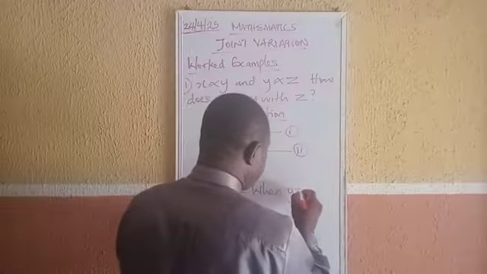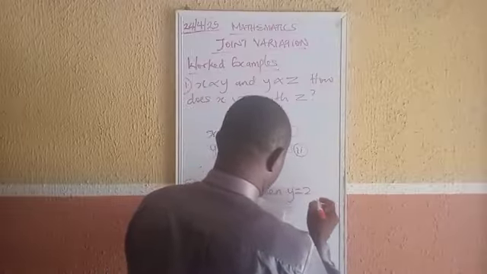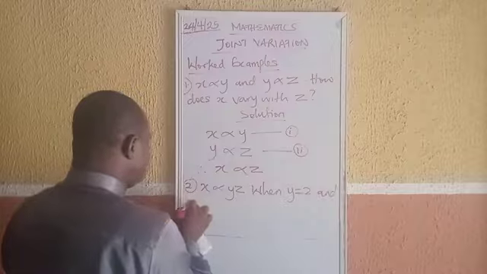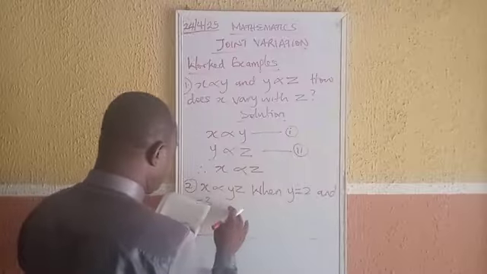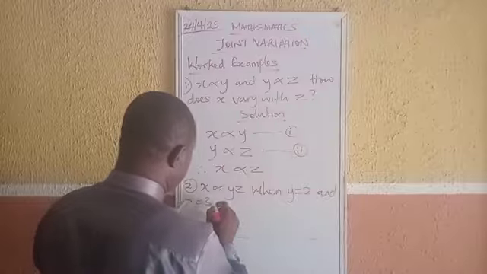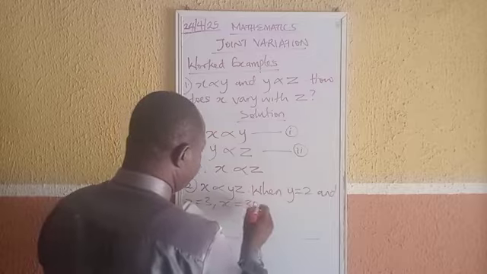When y equals 2 and z equals 3, x equals 30.